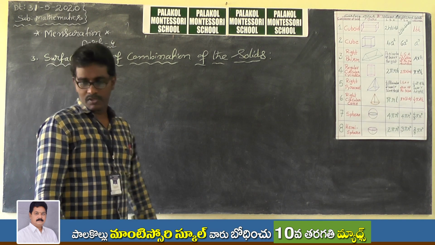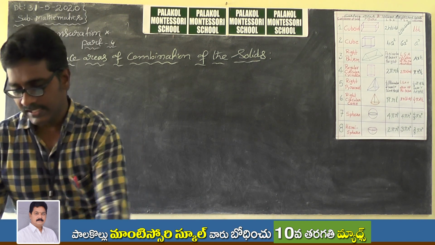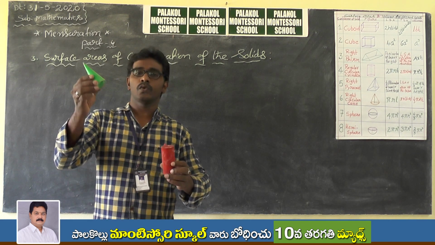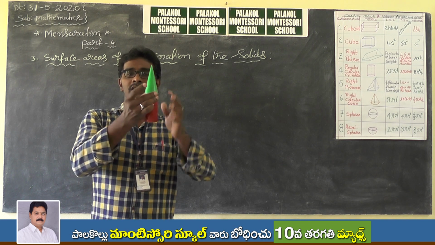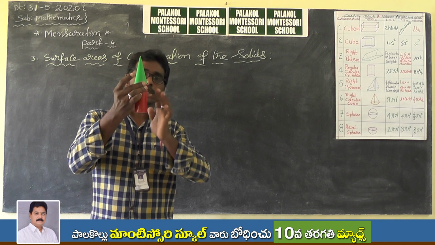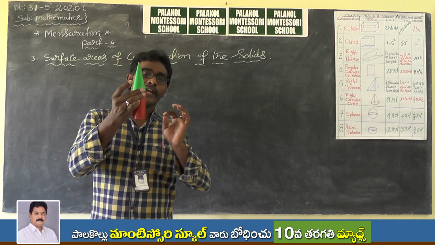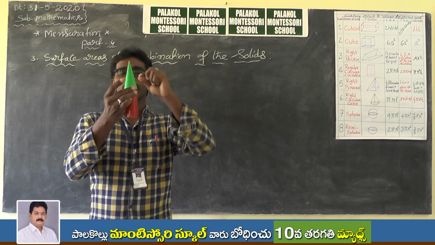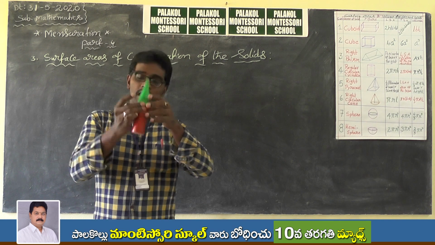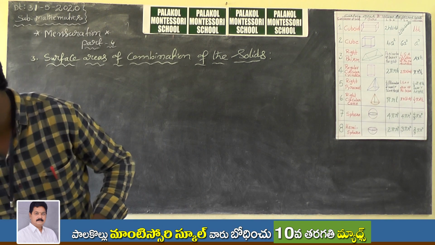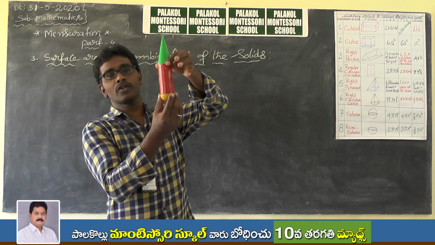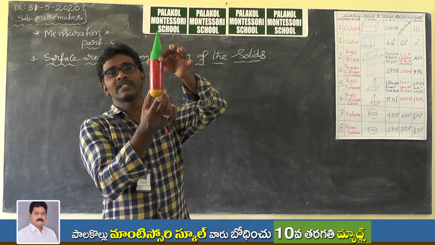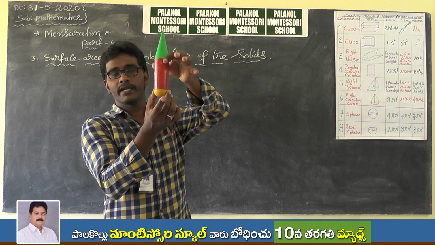Suppose, for example, this is a cylinder and this is a cone. These two are the combination. So, cylinder and cone combination: immediately find out the cone formulas and cylinder formulas. Next, sometimes a model like this is given, which is also joined. It is also a combination of solids.